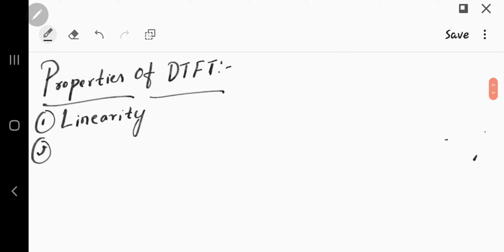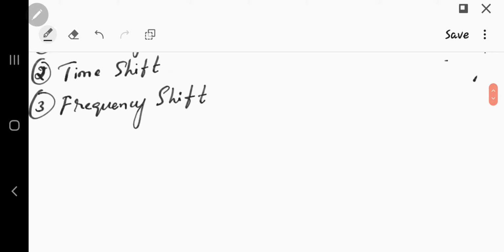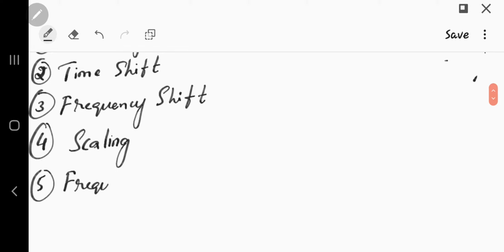The first one is linearity. The second one, time shift. Frequency shift. Scaling. Frequency differentiation.